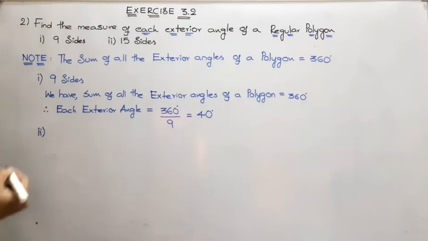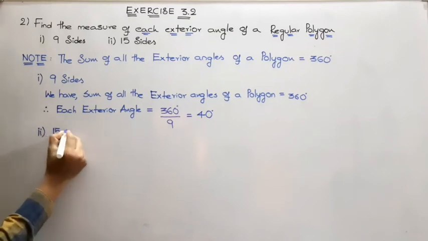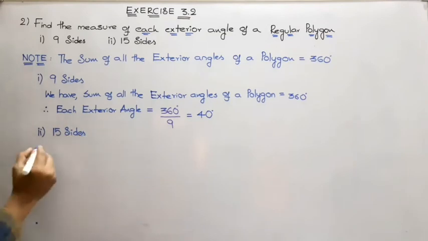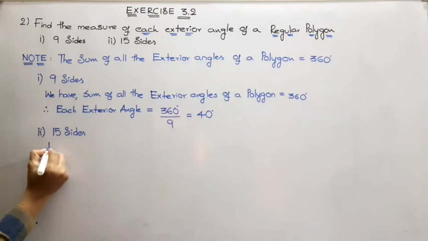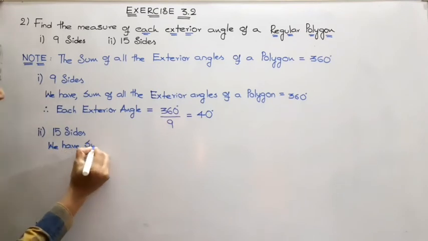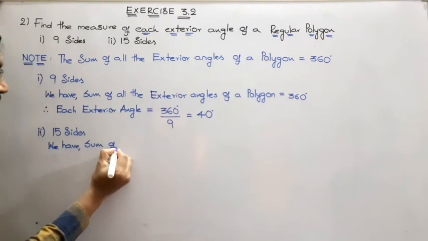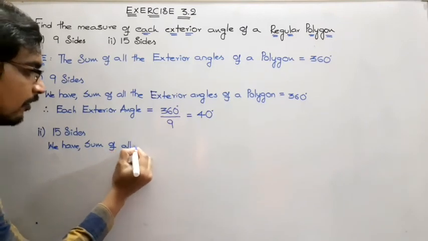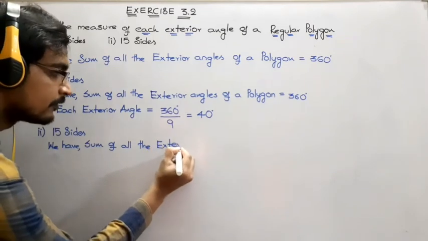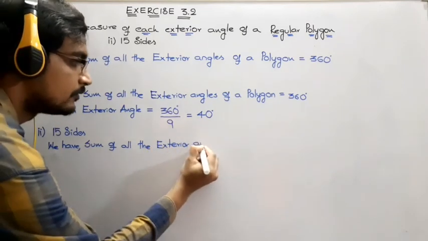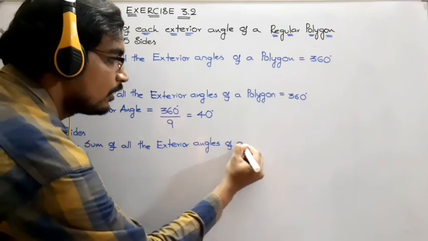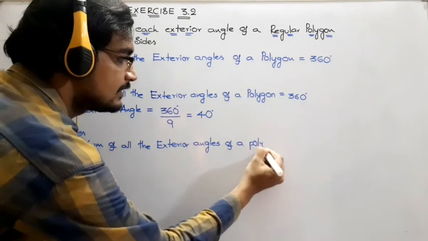Second one, they gave 15 sides. That means the polygon is carrying a total of 15 sides. We have to write the statement again. Being individual questions, writing this is almost compulsory. The sum of all the exterior angles of a polygon is equal to 360 degrees.